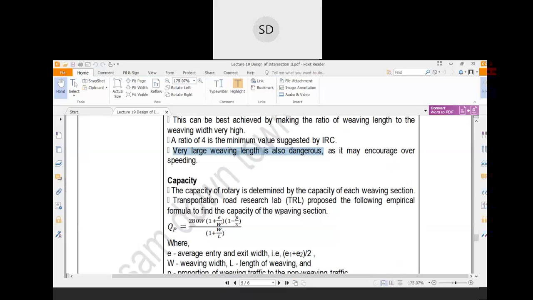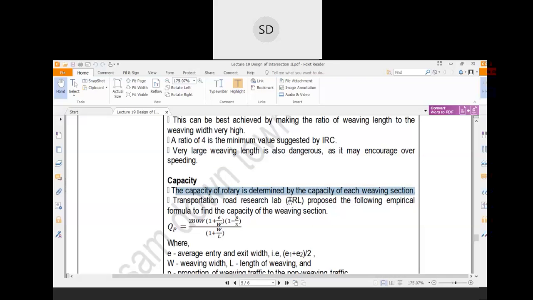Now, next point is capacity of the rotary intersection. Capacity means how many vehicles the rotary intersection can accommodate swiftly without compromising different design elements like design speed, traffic volume, etc. Now, the capacity of rotary is determined by the capacity of each weaving section.